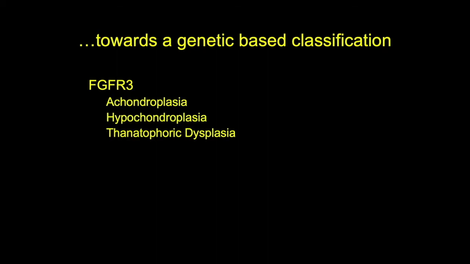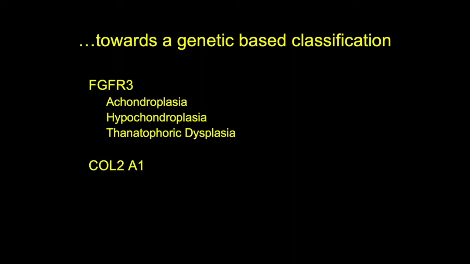The FGFR3, you'll know from your reading, is associated with achondroplasia, hypochondroplasia and thanatophoric dysplasia. And they're all classified clinically in the same group because they all look the same, clinically and radiologically. So we don't progress; the genetics proves what we've already assumed with the phenotype.